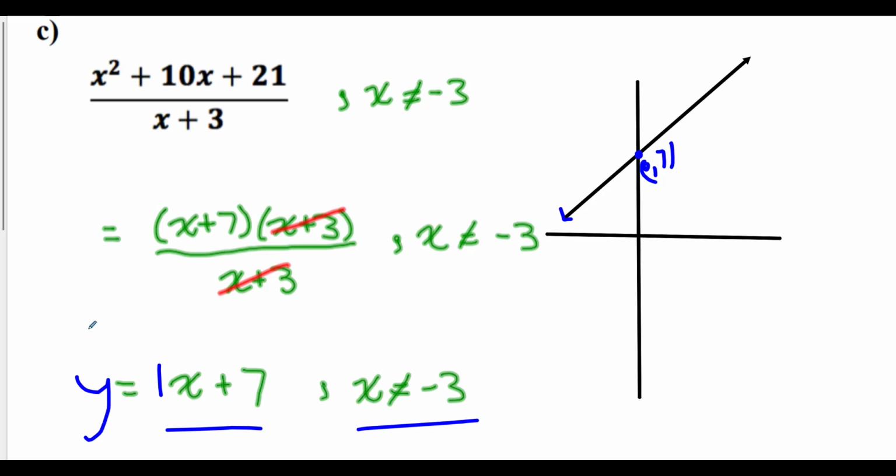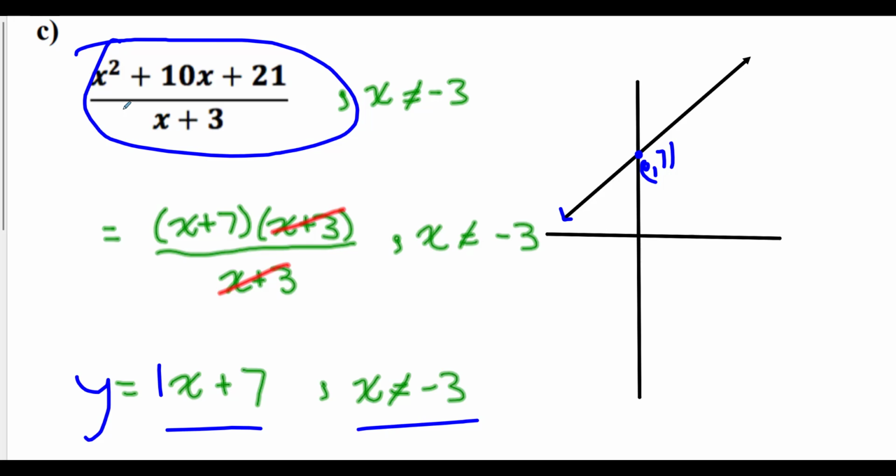How is this different from this initial thing? Because there is a difference, because there's an x cannot equal -3. The only difference between the initial and final step is that there is a hole. What do I mean by hole? Well, because this canceled out. This is the definition of a hole: whenever you have a common factor on the top and bottom and it cancels out.